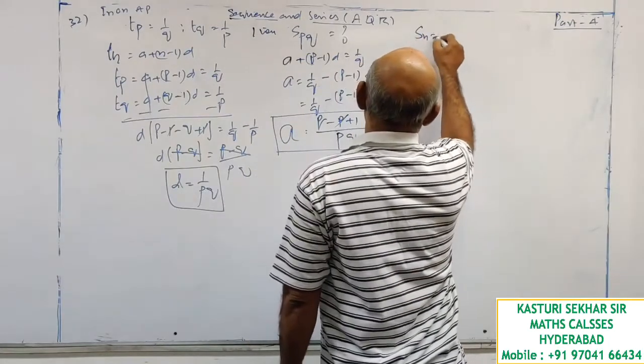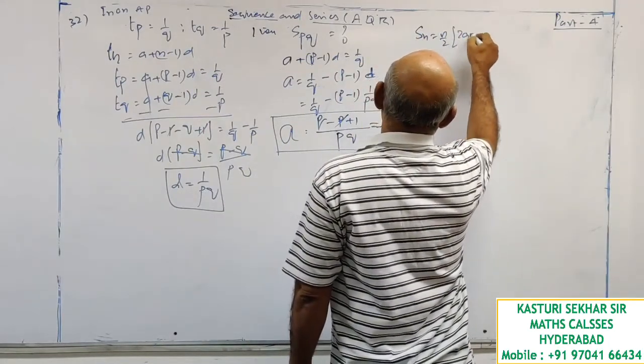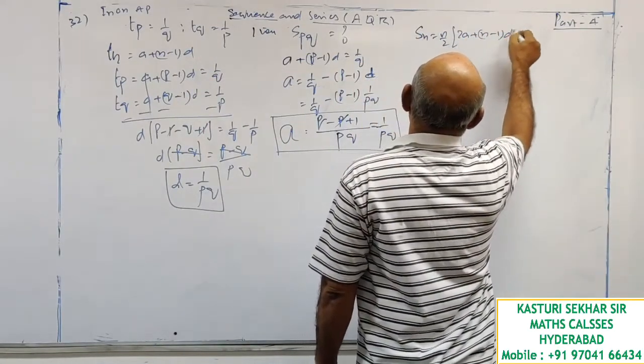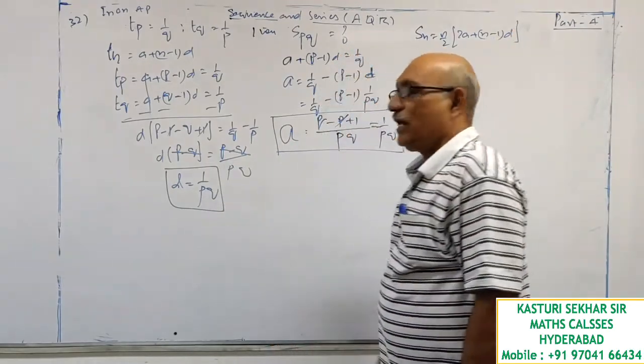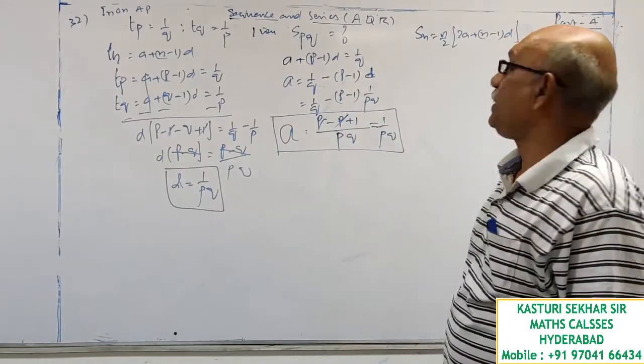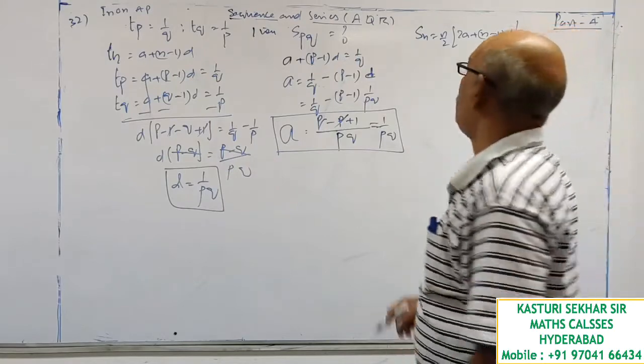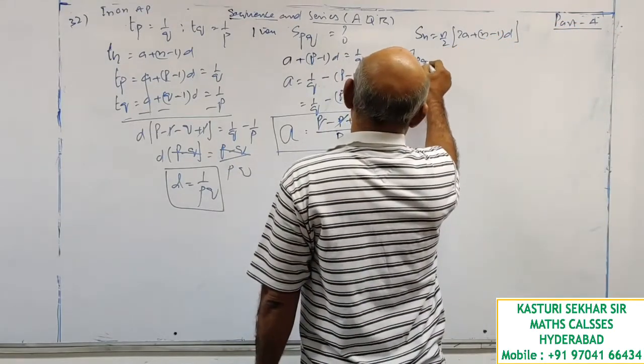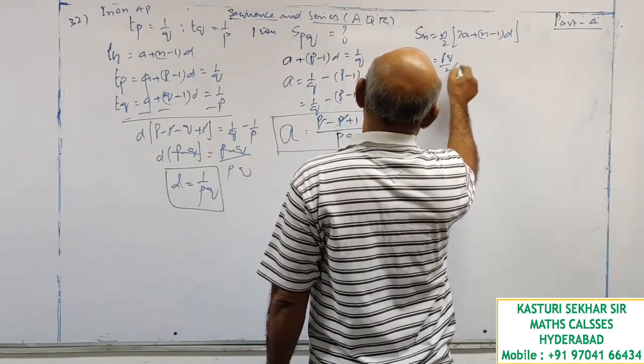Now Sn is equal to n by 2 into 2a plus n minus 1 into d. S of pq is equal to pq by 2.